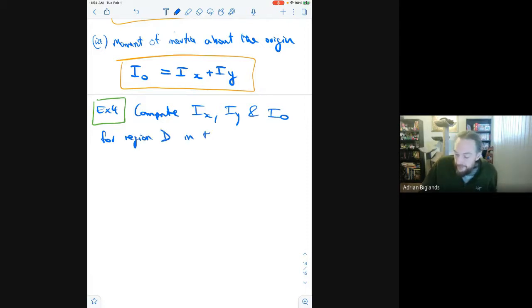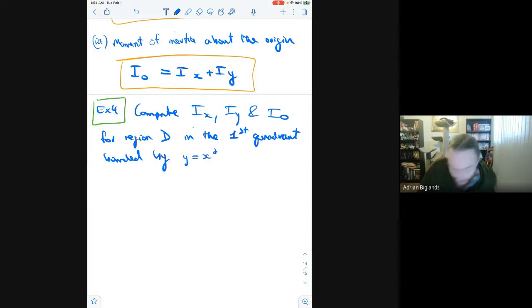in the first quadrant bounded by y equals x squared and y equals 1, if our density rho(x,y) at each point in the region is given by the product of the coordinates x times y.